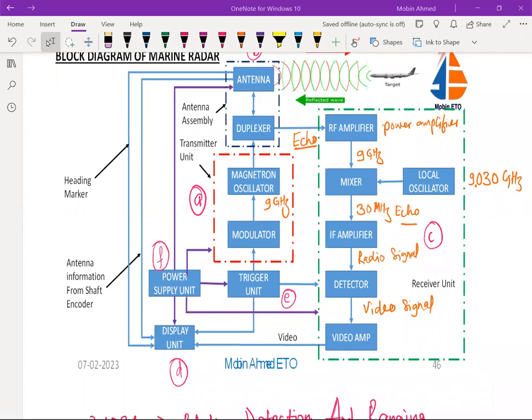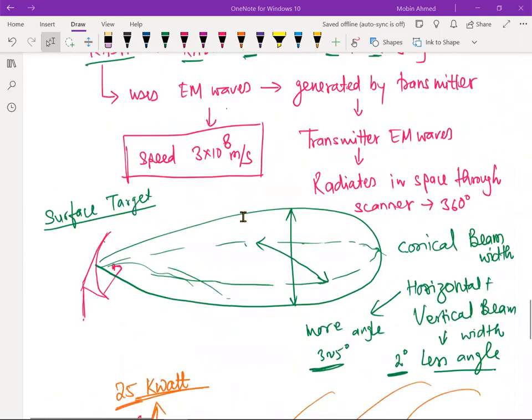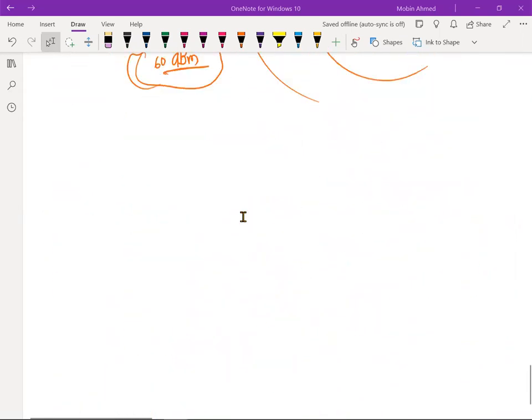First of all, this question is very, very deep. This duplexer is very different. In the duplexer, it is going to connect, it is a waveguide type of arrangement.